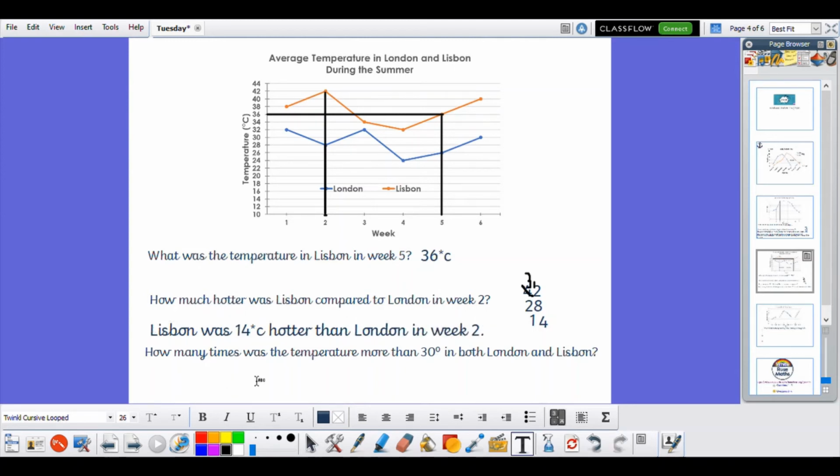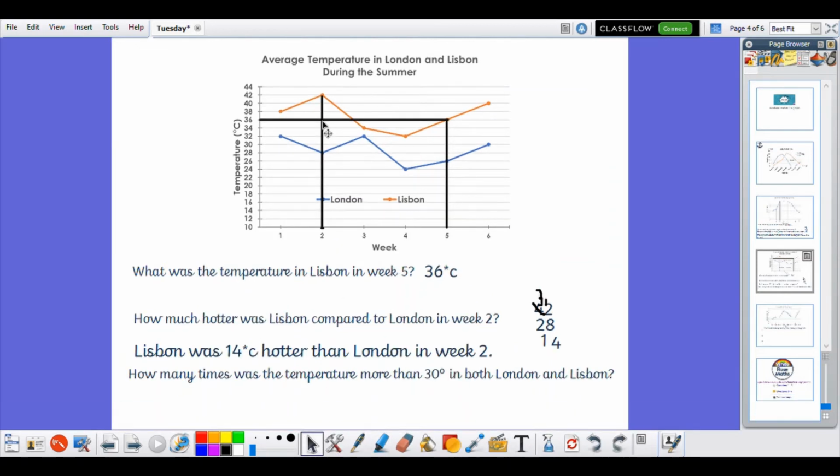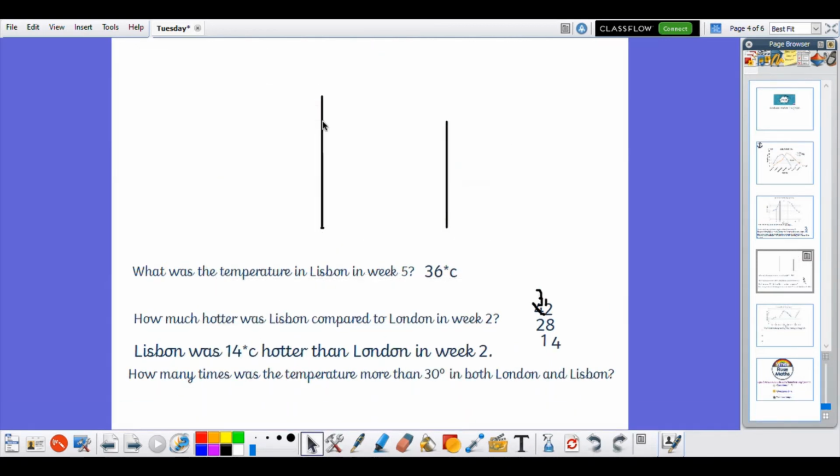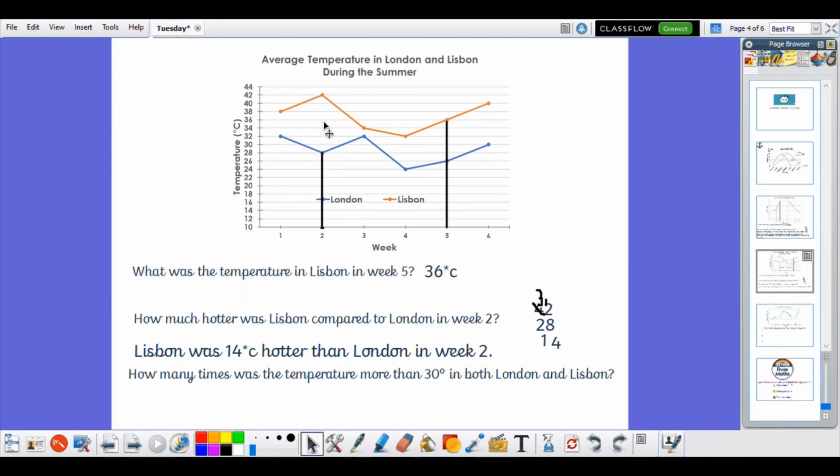Okay? And then the last one, it says, how many times was the temperature more than 30 in both London and in Lisbon? Okay, so what I'm going to do for this one is I'm just going to delete these black lines so that we can see the whole graph properly.